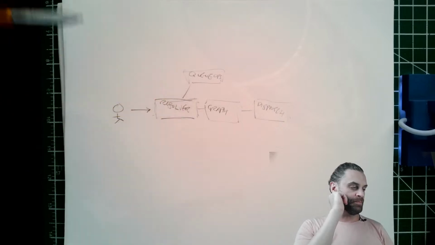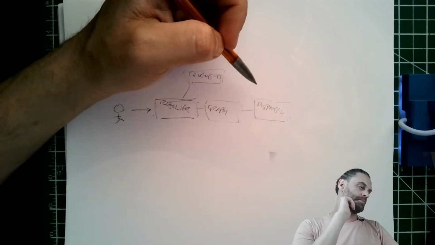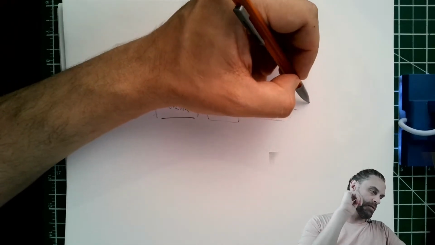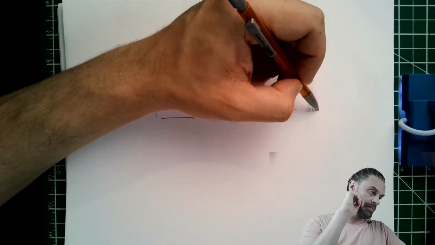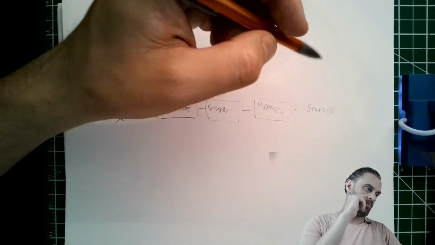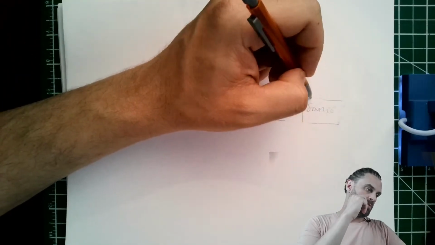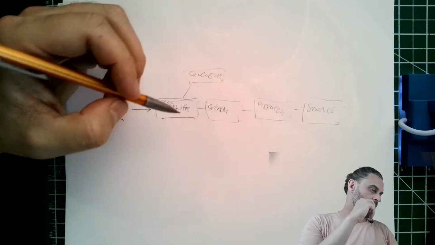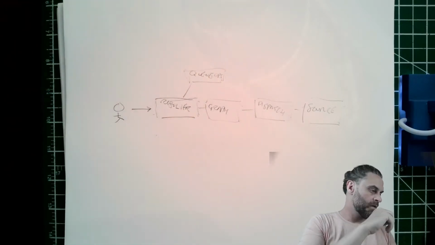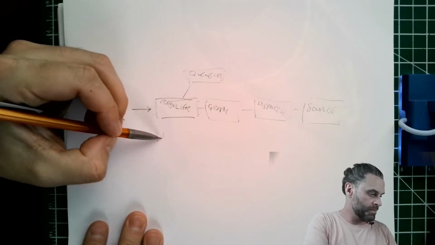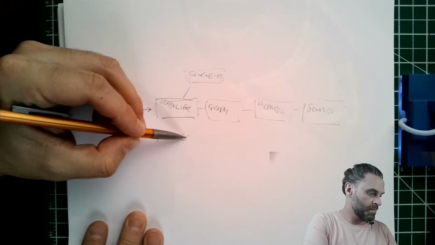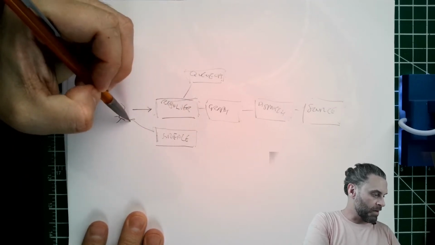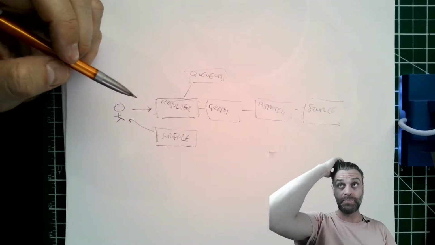If you find it, then you would dispatch between a source, and then you need a surface here. And then that response sends the response.